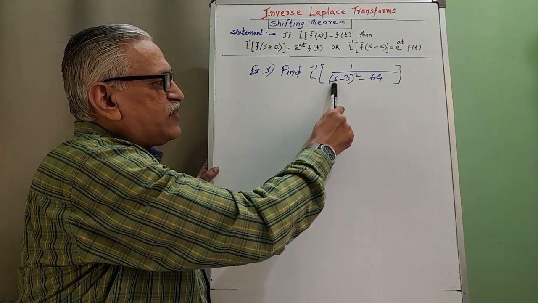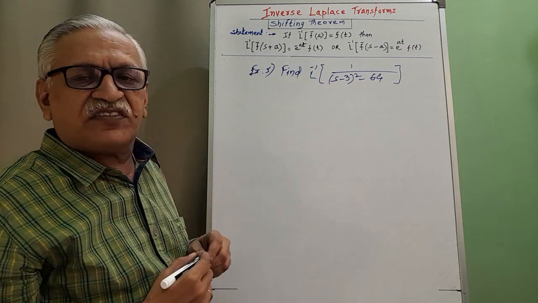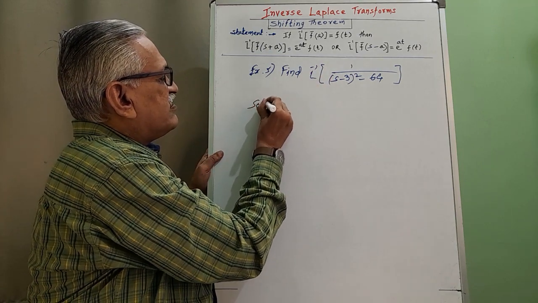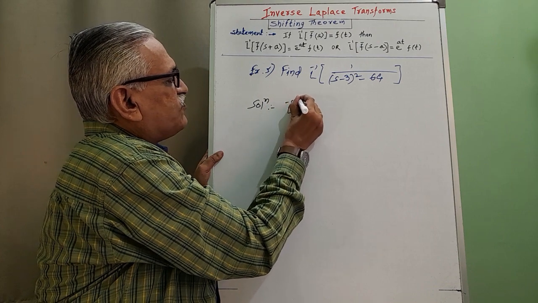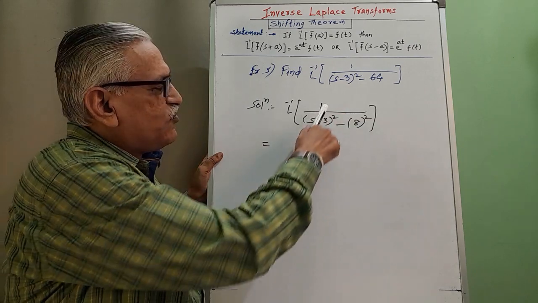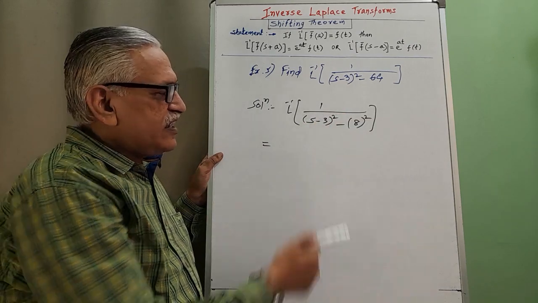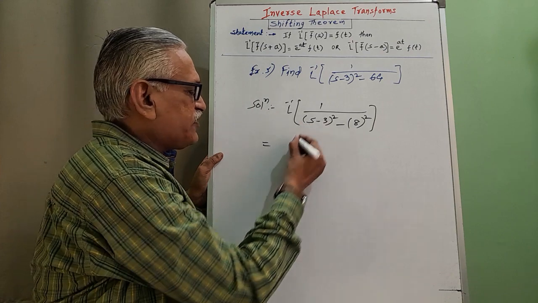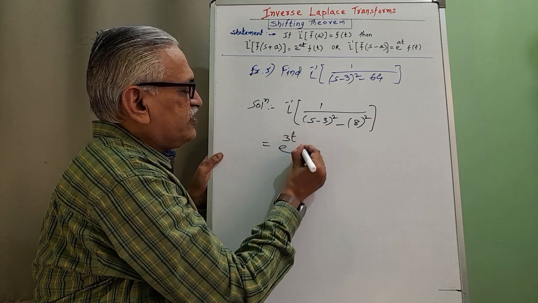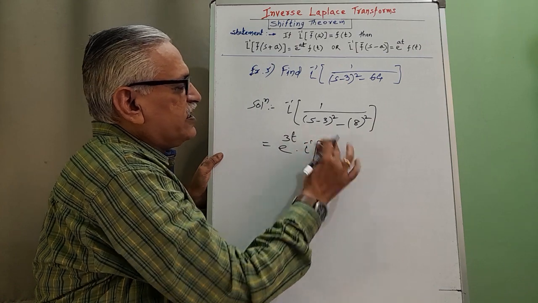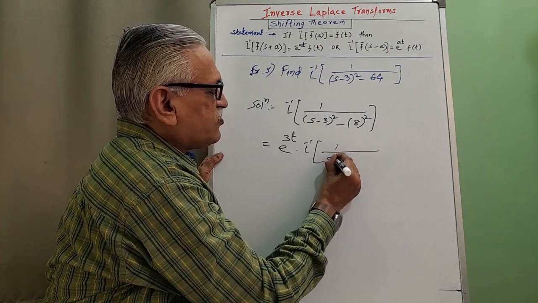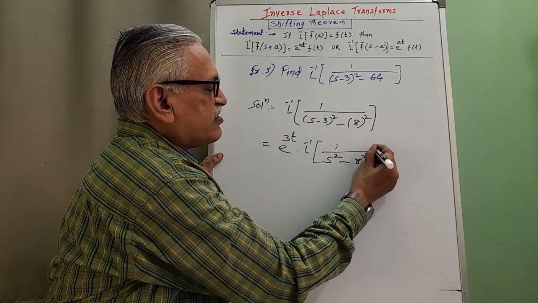Example number 5. Find inverse Laplace of 1 upon (s minus 3) whole square minus 64. 64 means 8 square. And therefore, rewriting it, inverse Laplace of 1 upon (s minus 3) whole square minus 8 square. As s is replaced by s minus 3, it is a problem of shifting theorem. Therefore, it is e raised to plus at, therefore e raised to 3t into inverse of, neglecting this 3, the remaining terms are 1 upon s square minus 8 square.